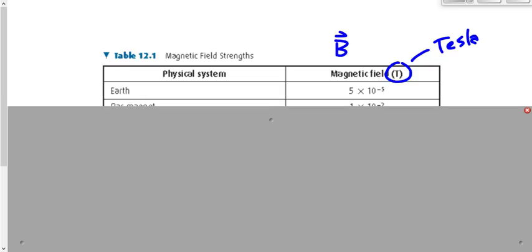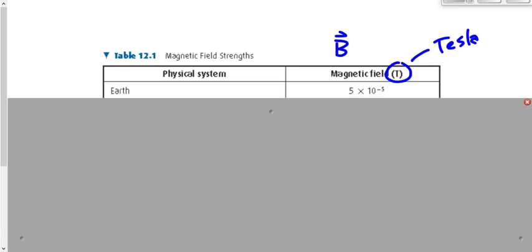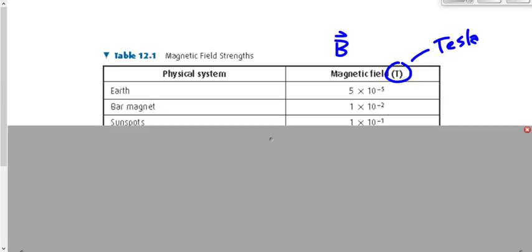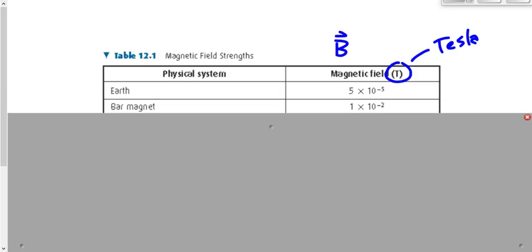The magnetic field strength surrounding the Earth varies depending upon where you are on Earth, and it's changing constantly, but on average it's about 10 to the minus 5 Tesla. So it's a pretty weak magnetic field. A bar magnet, typically, after you remagnetize it, is probably 10 to the minus 2. So it's about 1,000 times stronger than the strength of the Earth's magnetic field.